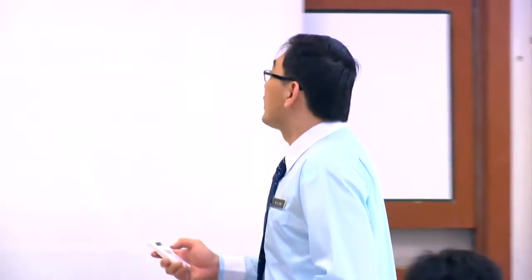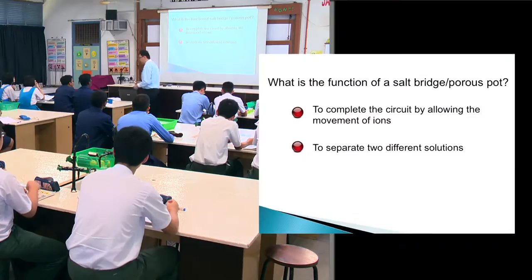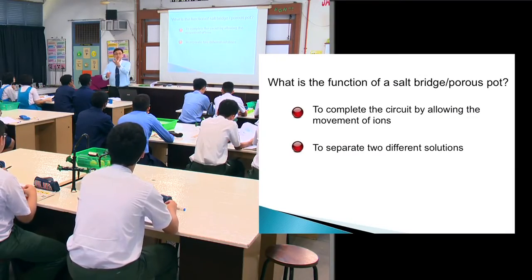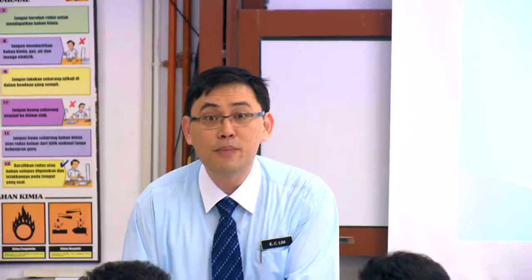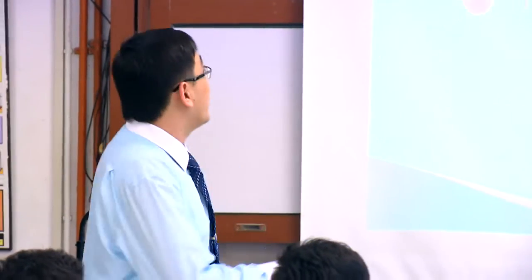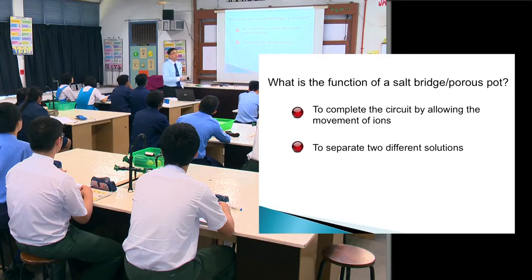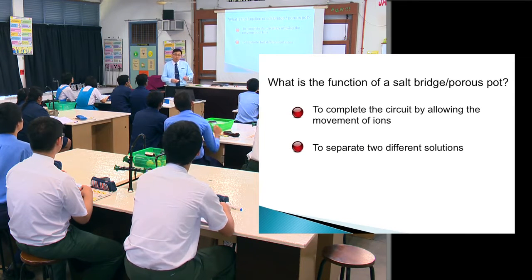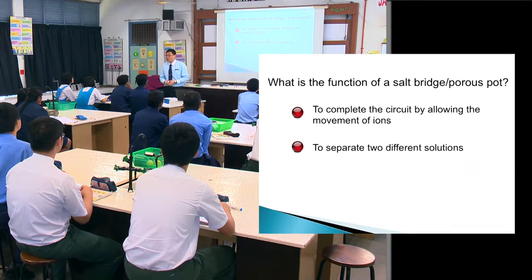Okay, so now maybe you want to say, sir, inside the cell just now we just had 1 simple solution, but inside the Daniell cell we have 2 different solutions, right? Then we have the salt bridge. We also have the porous pot. So what is the function of these? Number one, what are the functions of the salt bridge and the porous pot? One is to complete the circuit by allowing the movement of the ions.